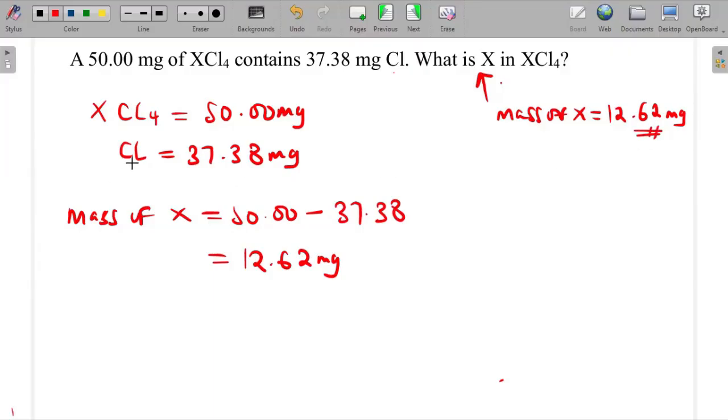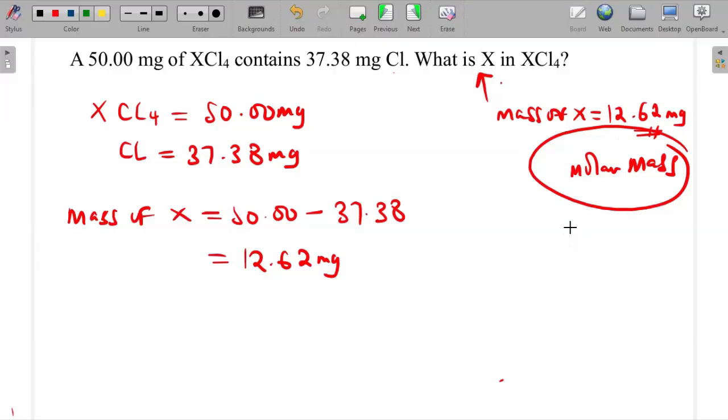Now once I've found the mass of this X, to know its identity, I would need to find the molar mass and then compare with the molar masses on the periodic table. For me to find this molar mass, remember the formula: moles equal the mass over the molar mass.